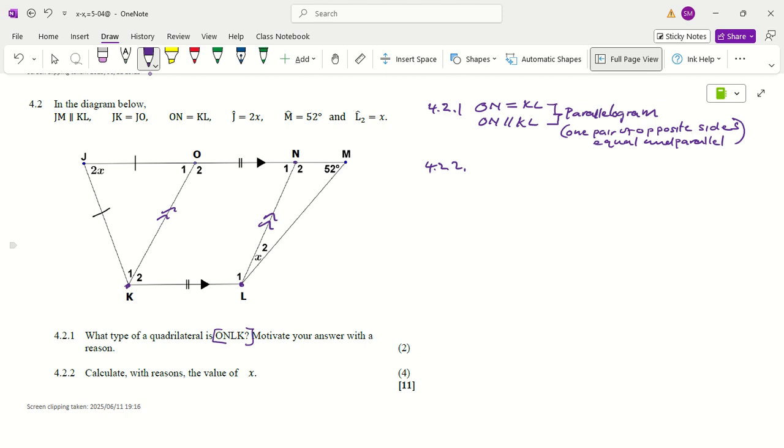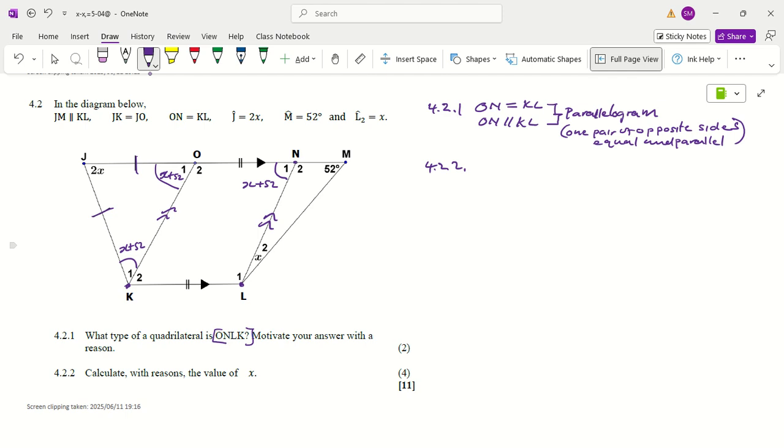So if I have this angle here, which is an exterior angle, it's equal to the sum of the interior opposite angles, which is x plus 52. This will also be x plus 52. And then now, because we have equal sides, angles opposite equal sides will make this x plus 52 also.